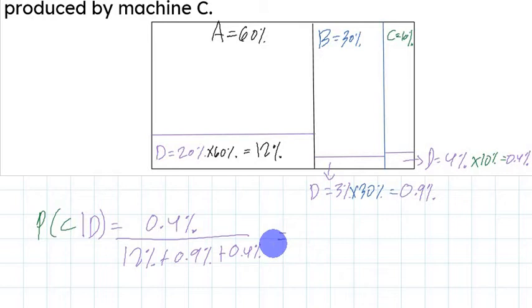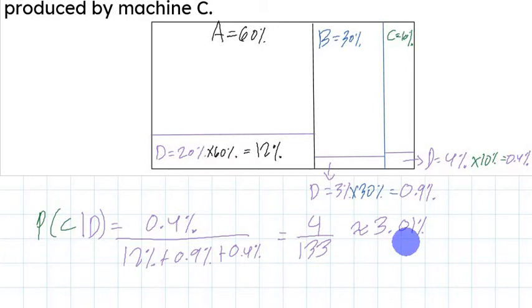And this will be equal to 4 over 133 in fraction form. In decimal, it's approximately 3.01%. So there's a 3.01% chance that the defective item that was drawn is from machine C.